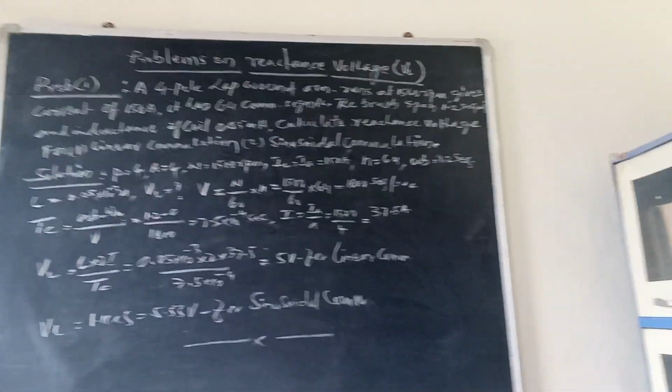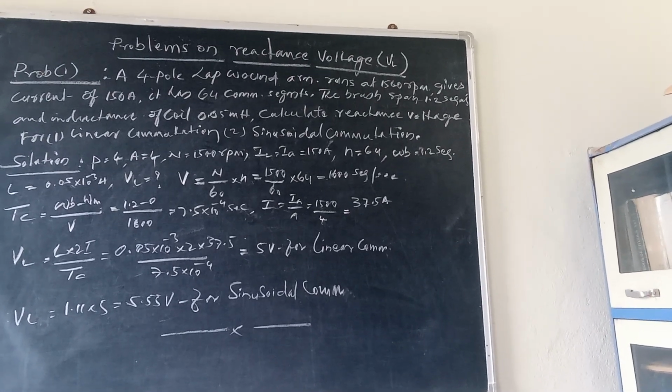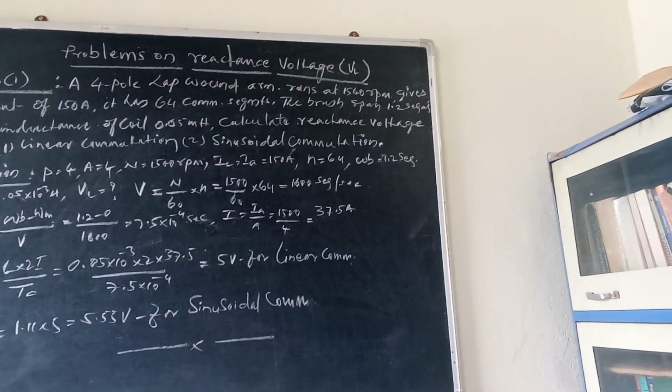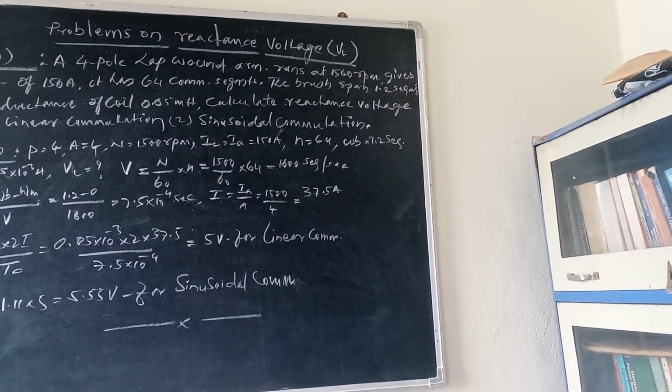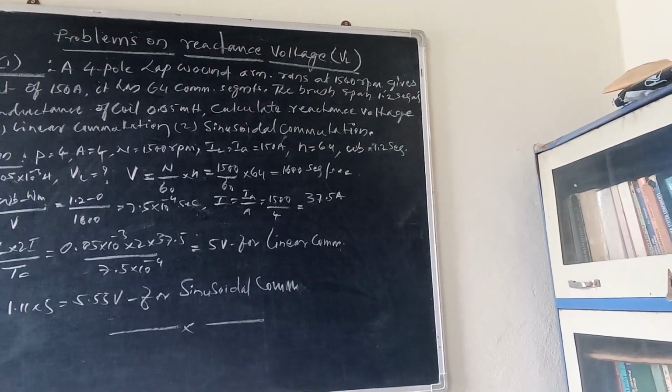First of all, find out the velocity V equal to N by 60 into number of segments. Substituting the values, 1500 divided by 60 into 64 gives you 1600 segments per second.